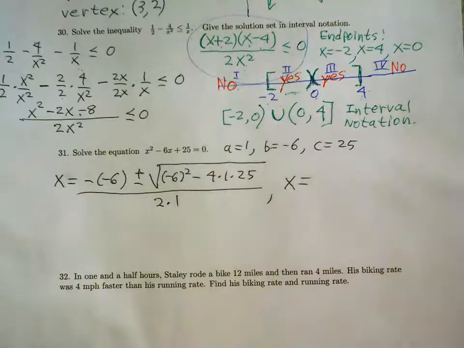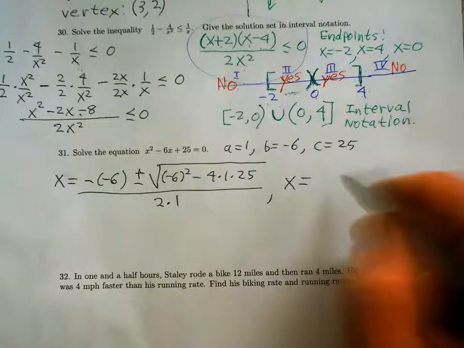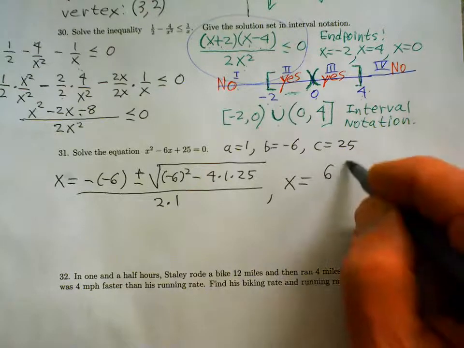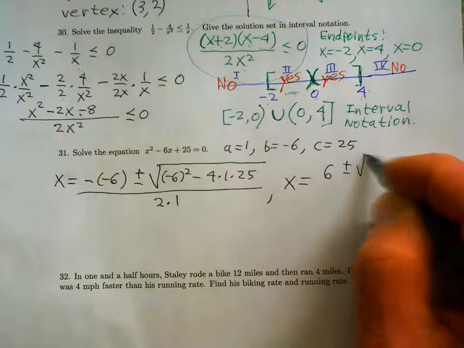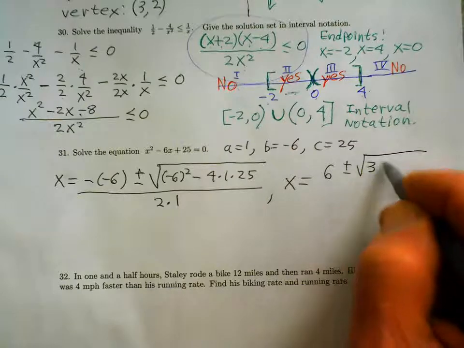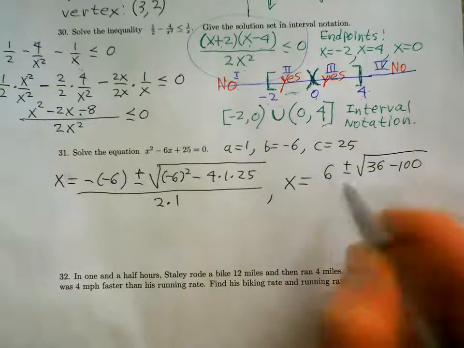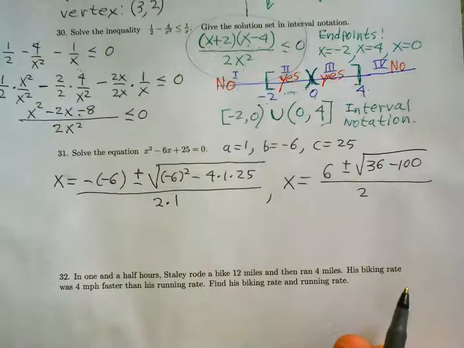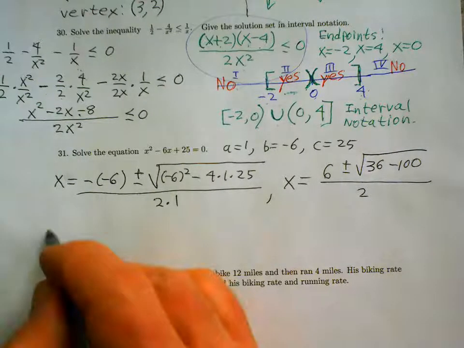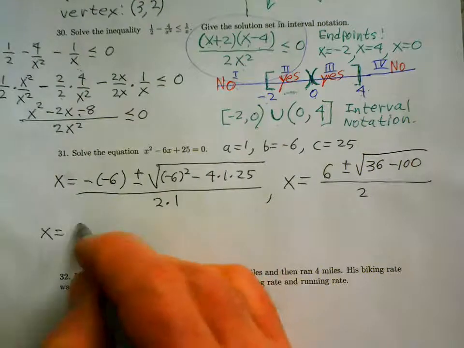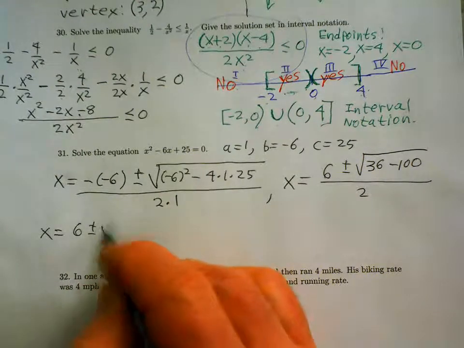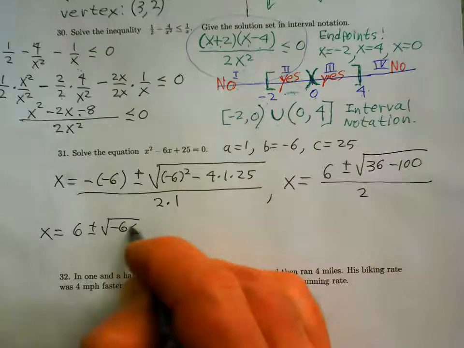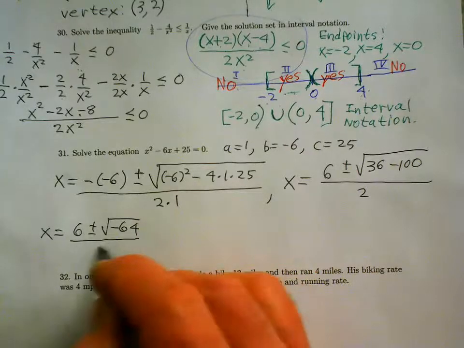Then in the next step, x is equal to +6 plus and minus the square root of 36 minus 100 divided by 2. 36 minus 100 is -64, so x equals 6 plus and minus the square root of -64, all divided by 2.